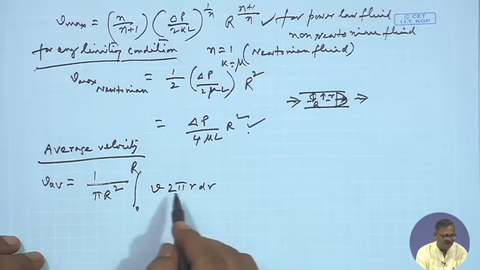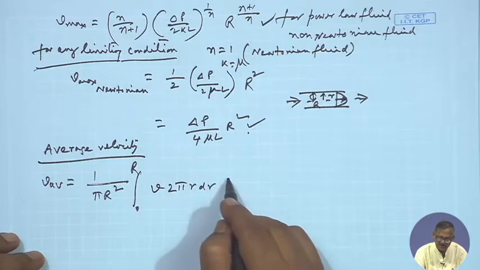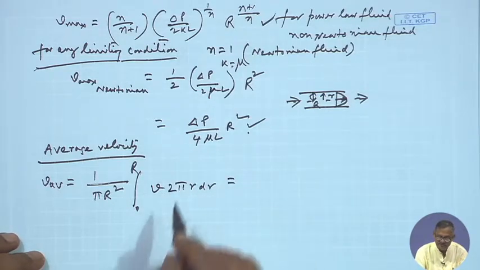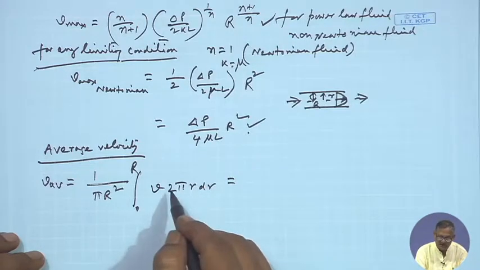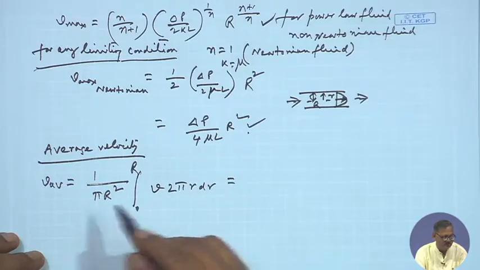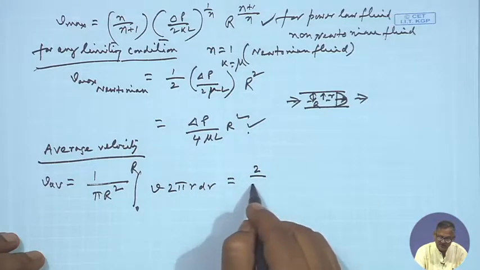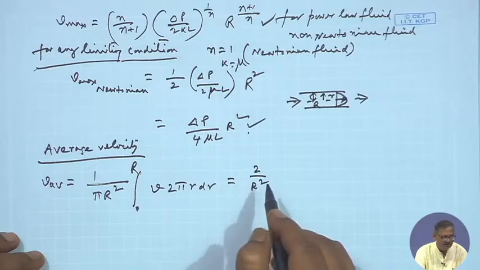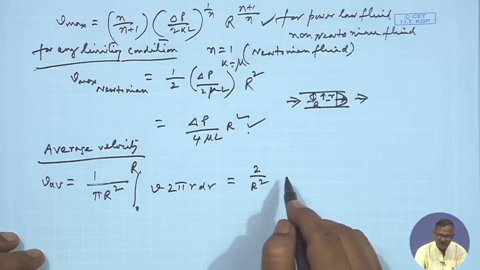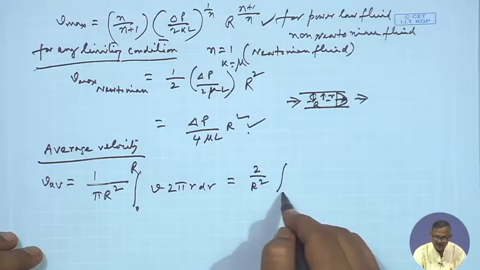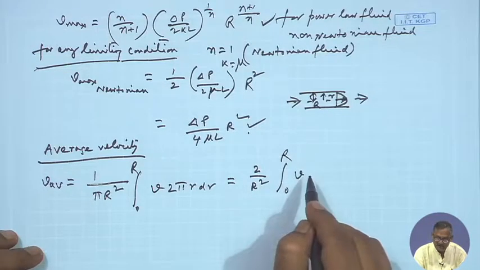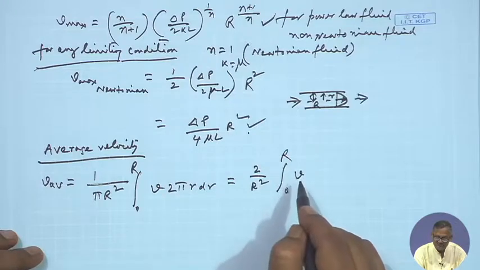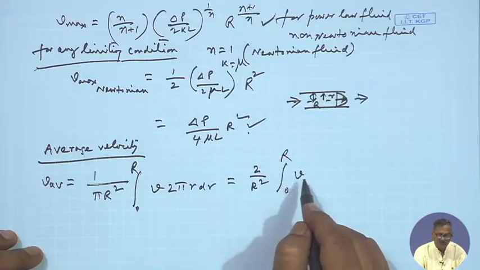So, that is there. So, this means we can write this 2 pi r dr. So, 2 comes out, pi goes out. So, it is 2 by R square, we can write 0 to R, v r dr. Okay.